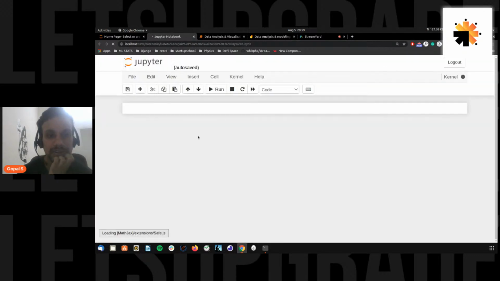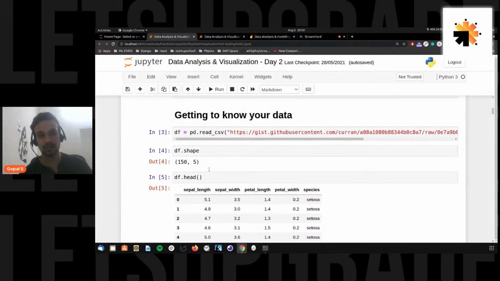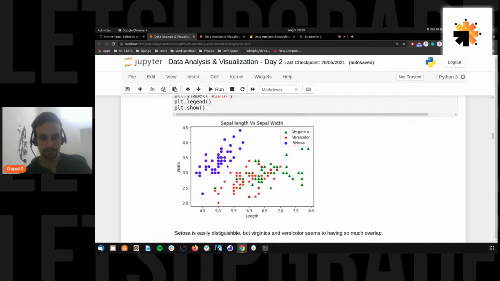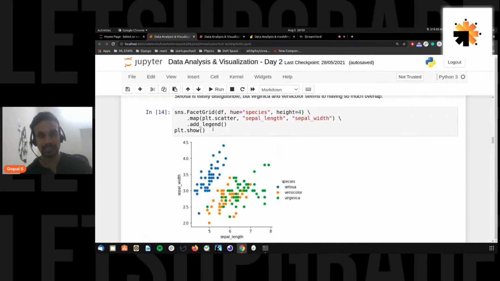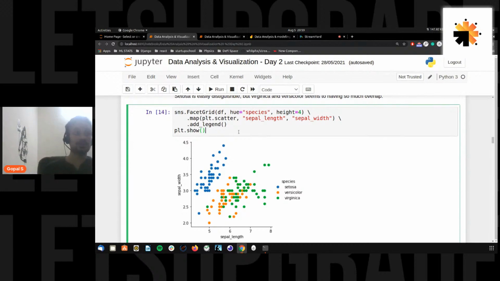If you see that in action, whoever was asking, this is how you can read a csv file. There I am using sns.FacetGrid. Seaborn is another plotting library, but since we need to cover predictive modeling as well, it will be somewhat the same for scattering and only for the visualization part.